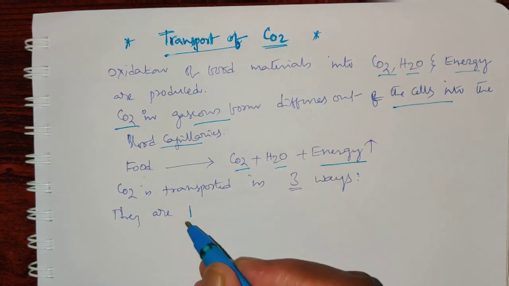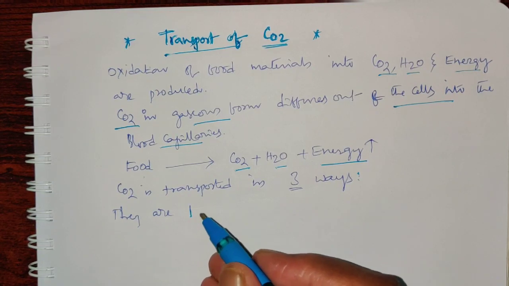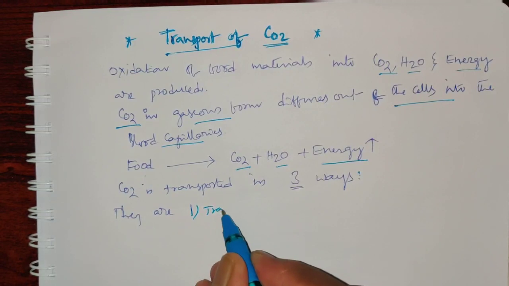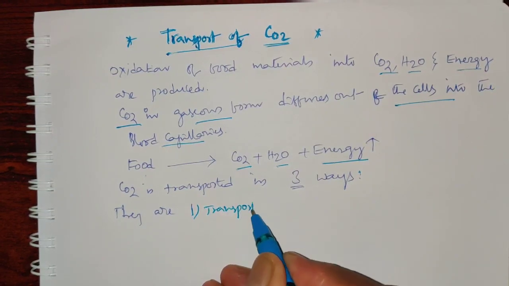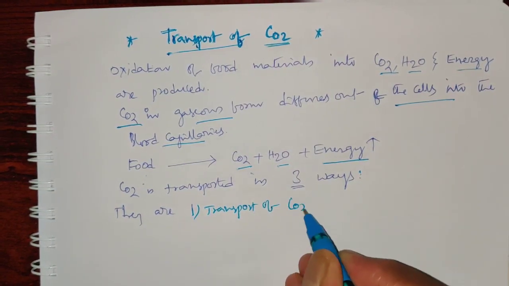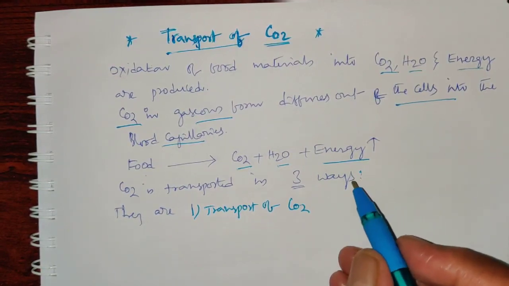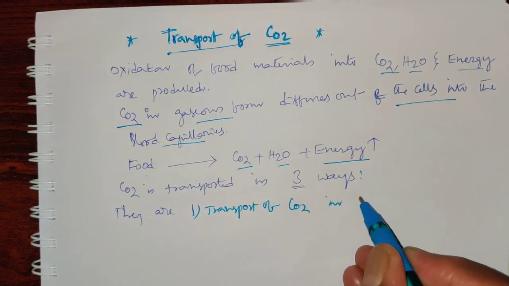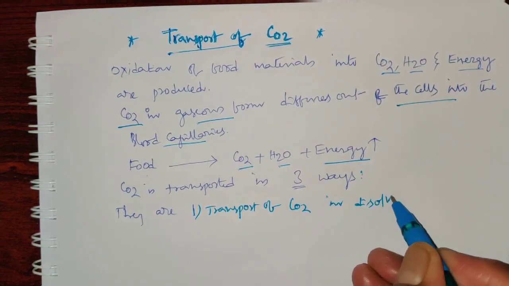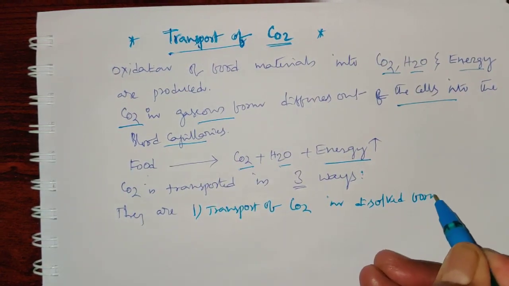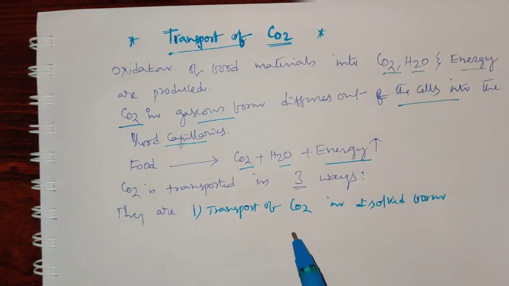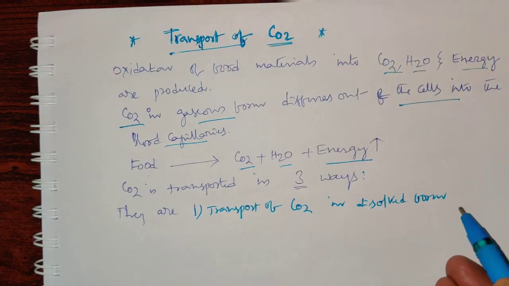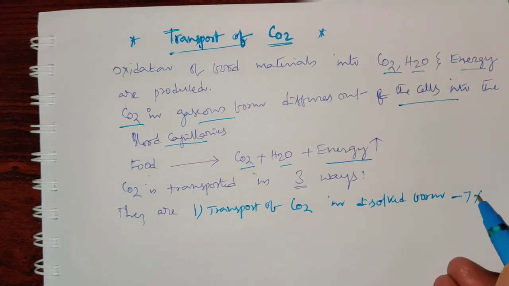Number one is transport of carbon dioxide in dissolved form, which is about 7%.